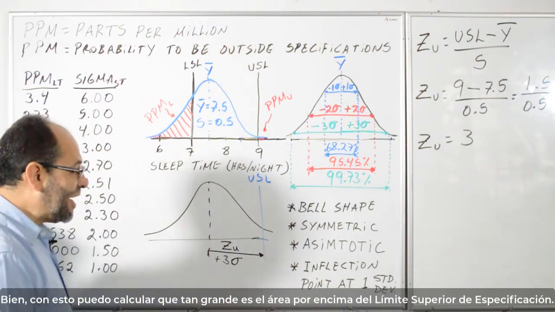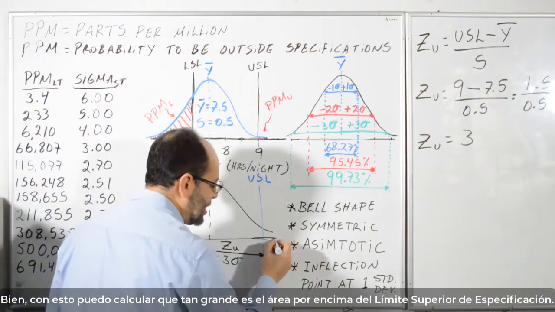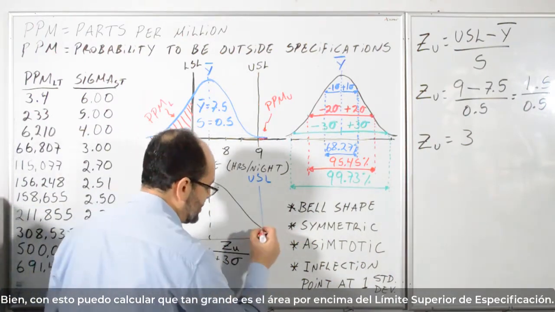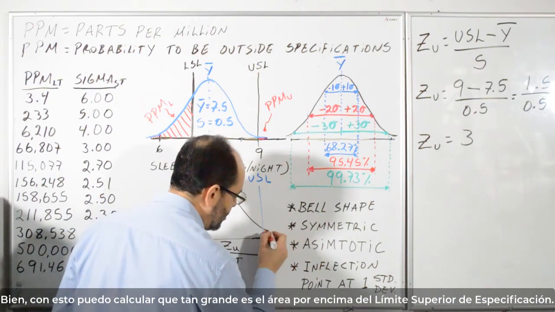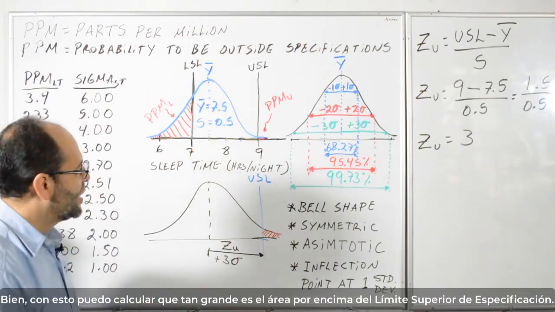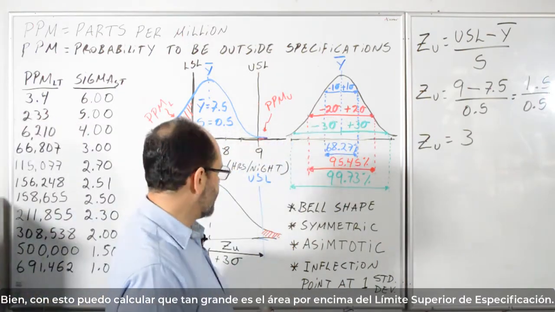With that I can calculate how big is the area above the upper specification limit. Basically I can get that from here.